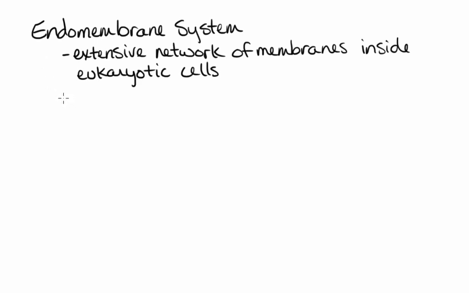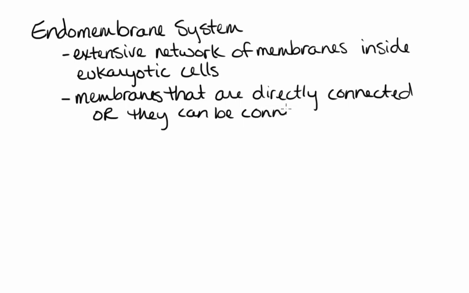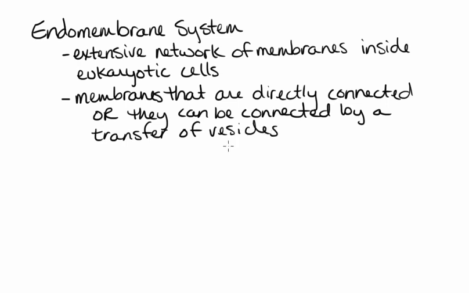And if we talk about what classifies something as being part of the endomembrane system, this is going to be membranes that are directly connected together, so in other words, we're saying that they're continuous with each other, or they can be connected by a transfer of vesicles.